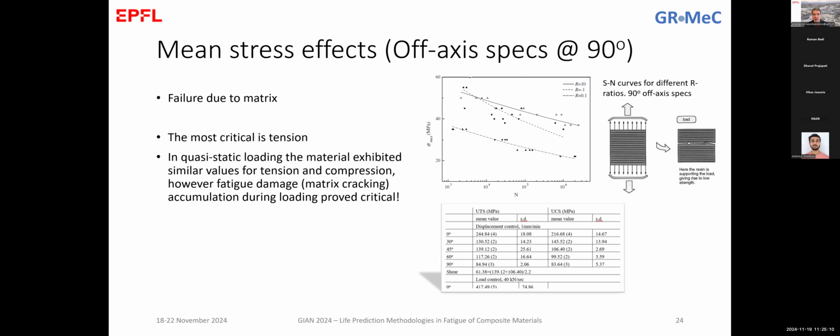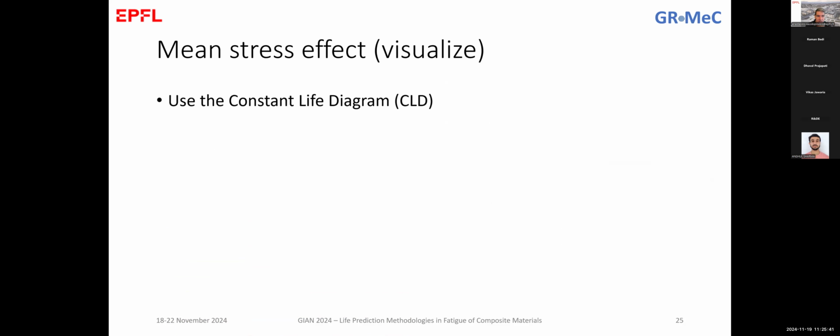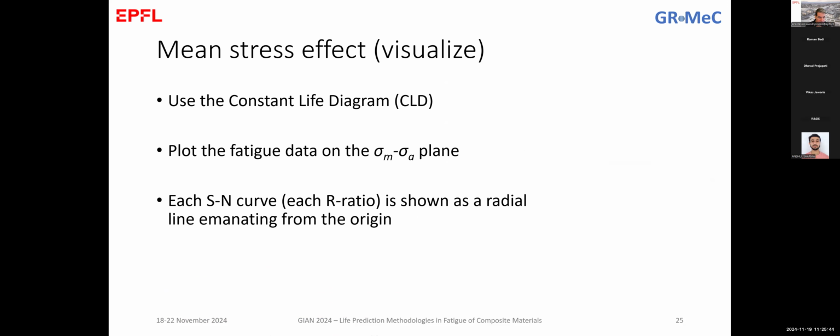You will see later on also a specimen at 90 degrees that failed and showed a lot of matrix cracks in the layers and also a lot of delamination, so matrix cracks that propagated in between consecutive layers. So, as we said, the observations that we make on the failure mode can support these arguments that we try to establish here.